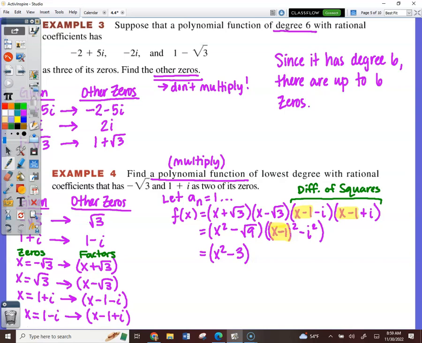Now, right here, you can clean this up if you want, or you could just say, okay, I'll deal with that in a second, or you can come over here and do it. It's up to you. I'm going to go ahead and multiply it out. You could come over here and do like an aside. You could say, I need to know what x minus 1 squared is.